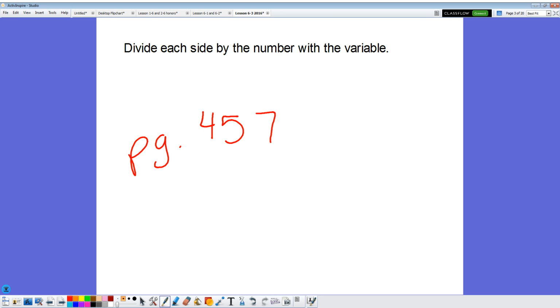Okay, and in the green box where it says what you'll learn, if you'll write this down. For the first part, and please write this down, decimals. When we are doing one-step equations with decimals, you're going to divide both sides by the number with the variable. And the number with the variable, of course, is the coefficient, which you learned last chapter.